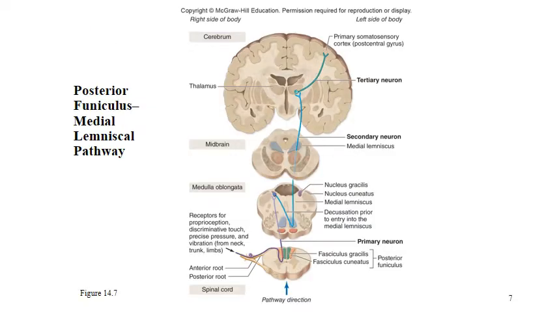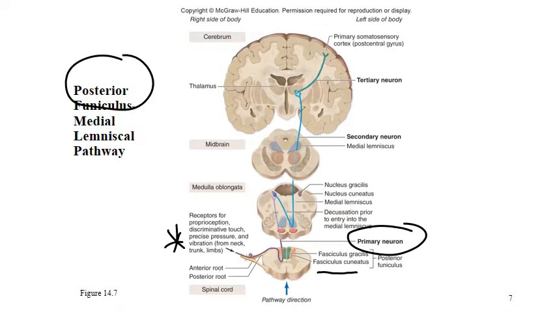So if we look here, it's much easier to see when we have a picture, right? Here we are in that first section, the brain stem, where we're going to find the primary neuron. We have our receptor over here, and we're going to see that it's coming through, and it's either, again, going to be the fasciculus gracilis or the fasciculus cuneatus, still part of the posterior funiculus, hence that first section of the name. It's going to contact the cell body of a secondary neuron in the medulla, or the medulla oblongata.